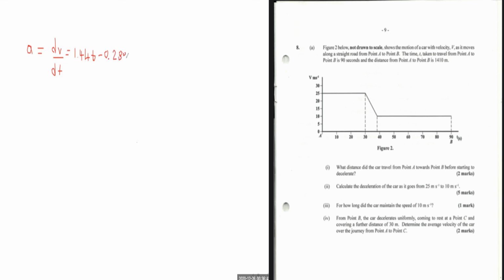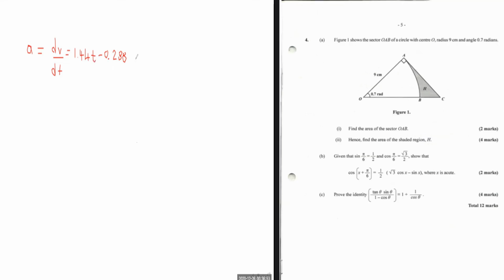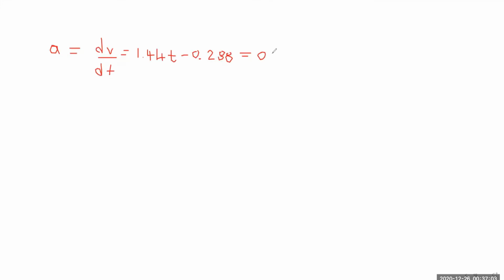That's acceleration: 1.44 t minus 0.288. And when this is equal to 0, find the time when the velocity is at its maximum. Velocity is at its maximum when acceleration is 0.